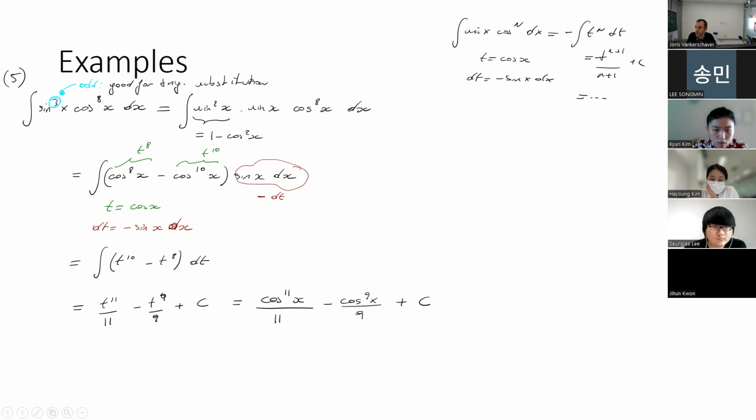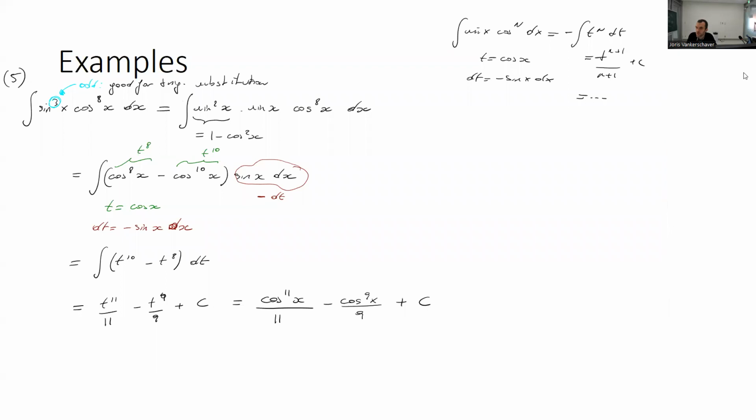I will give you another example to try by yourself. Example number 6 is cosine to the power 5 x dx.